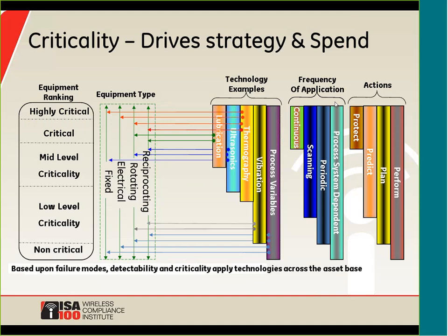So those classes of criticality have a strategy associated with them for condition monitoring. Some of the technologies involved would be lubrication monitoring, thermography, vibration, always a foundation, and also taking a look at the process variables, what's going in and what's coming out of this piece of equipment, and seeing how those relate to how the equipment is actually running.